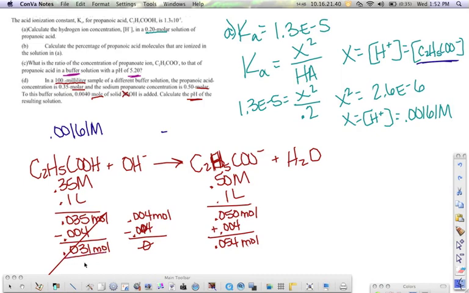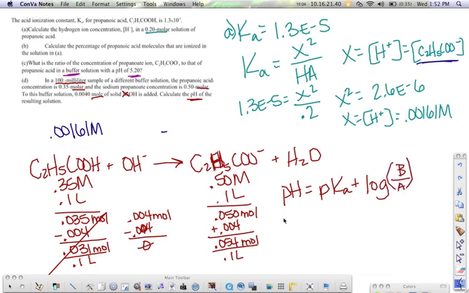So take this 0.031, divide it by 0.1 liter, divide the 0.054 by 0.1 liter, and plug it in. pH equals pKa plus log of base over acid.